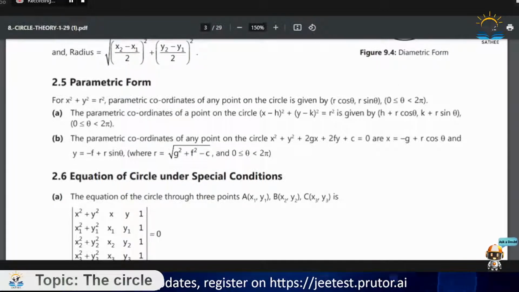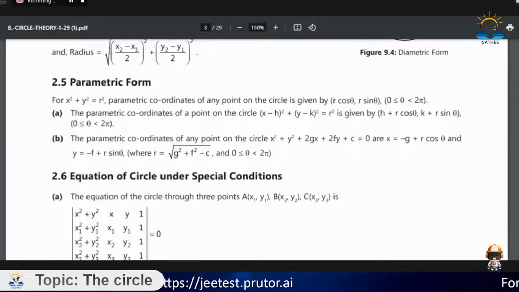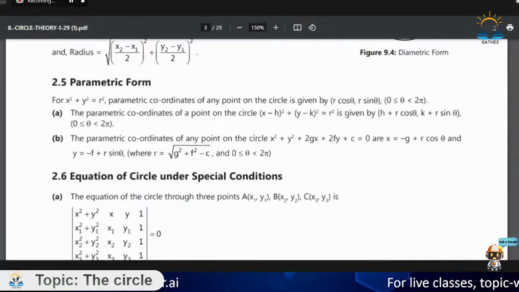Now we will compare this with a circle whose center is at (h, k). Suppose its center is at (h, k) and we have the equation (x minus h) whole square plus (y minus k) whole square is equal to r square.